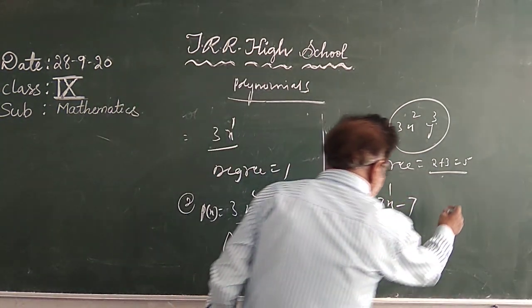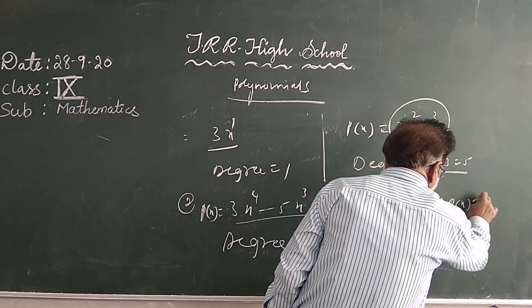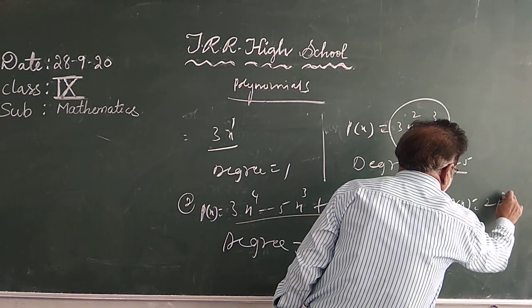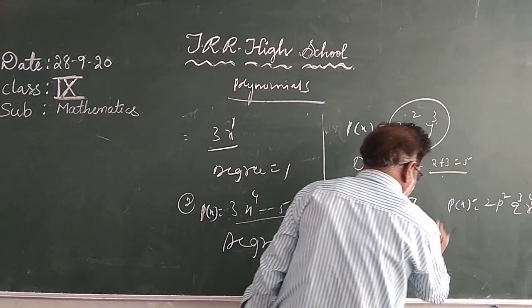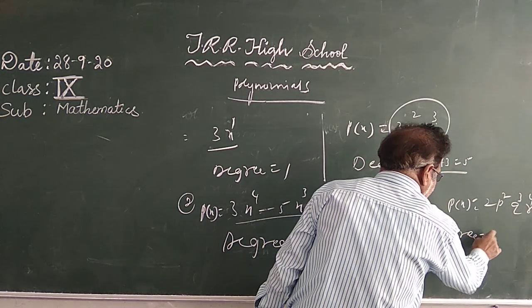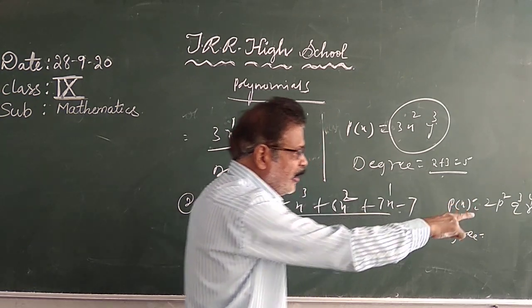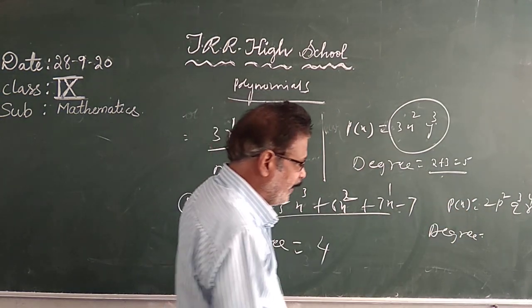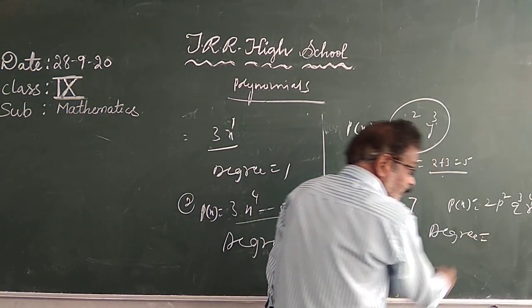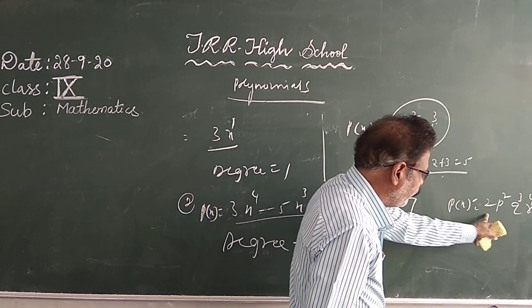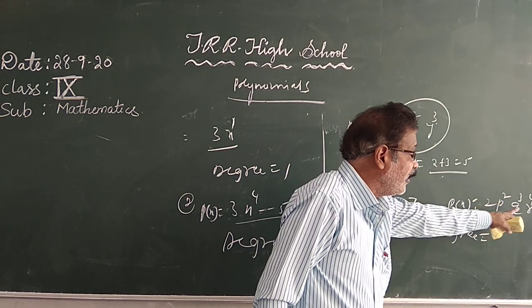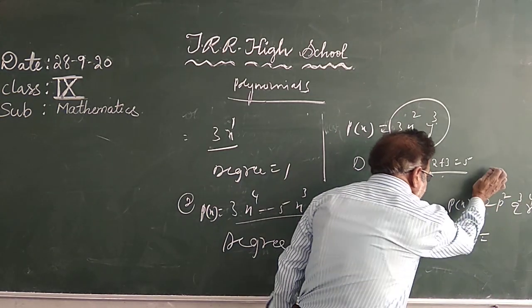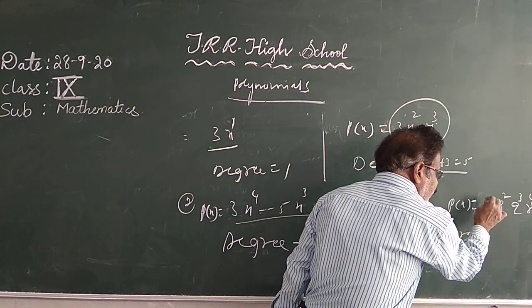One more example. P of x is equal to 2p square q cube r to the power of 4. Now the degree of this monomial. Only one sign here, plus 2p square q cube r to the power of 4. Then take the sum of the powers of the single term. 2p square q cube r to the power of 4 means 2 into p square into q cube into r to the power of 4. Before this term, the sign is plus.